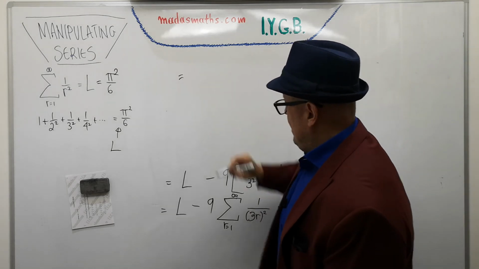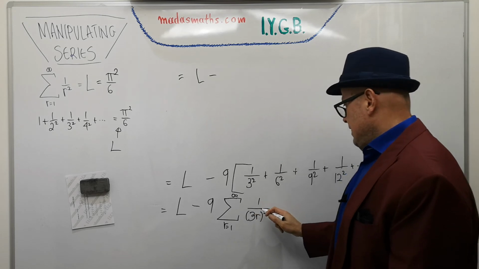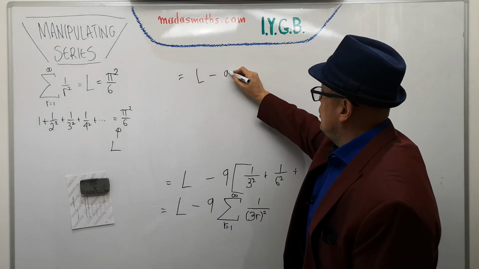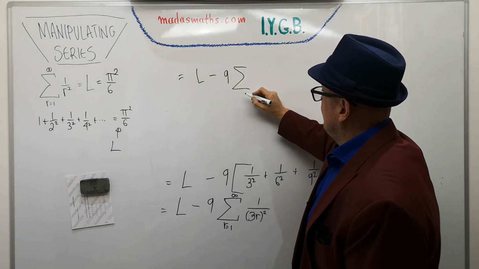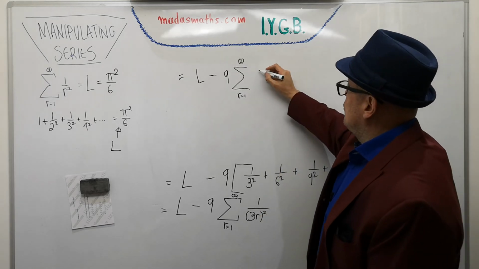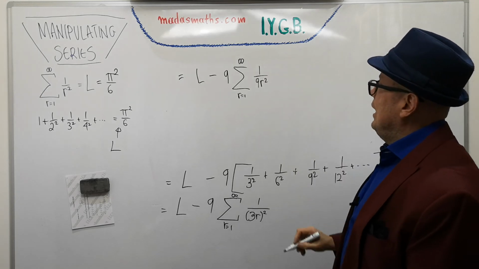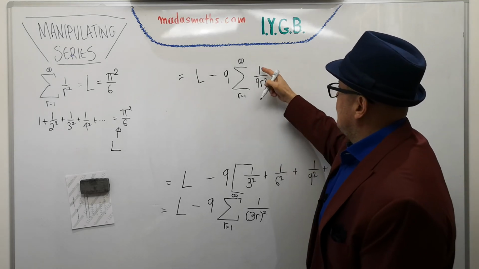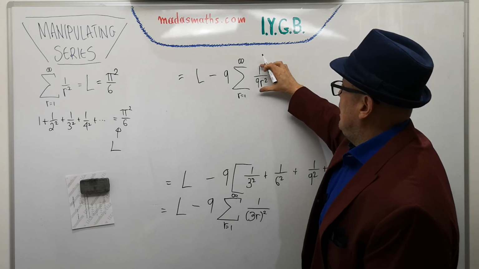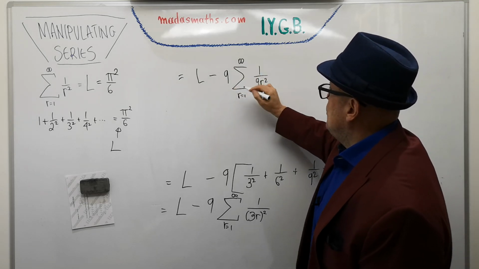So here we go. This is equal to L minus, and now we can manipulate this sigma. We got a 9 at the front. From r equal to 1 to infinity, and of course it will square out to 1 over 9r squared, which of course this 1/9 is a constant, independent of the summation in r, so I can pull it outside.